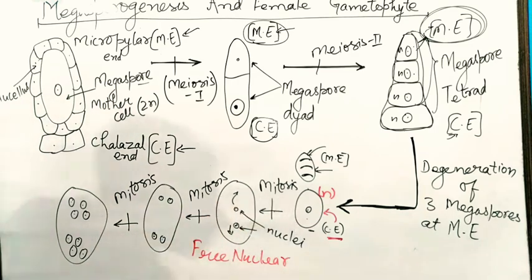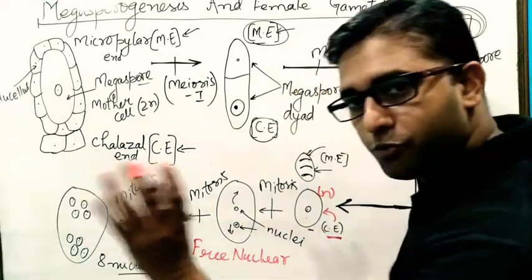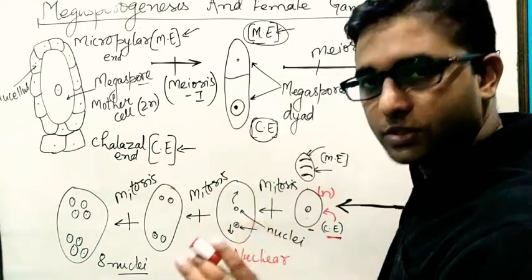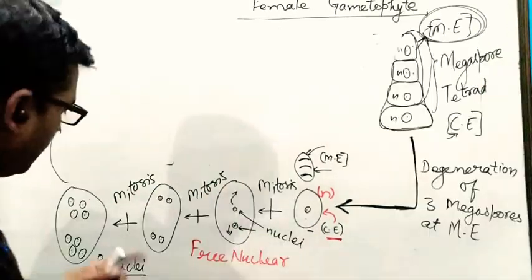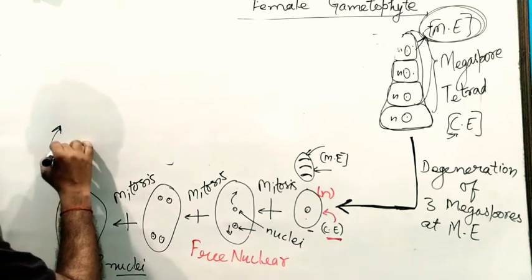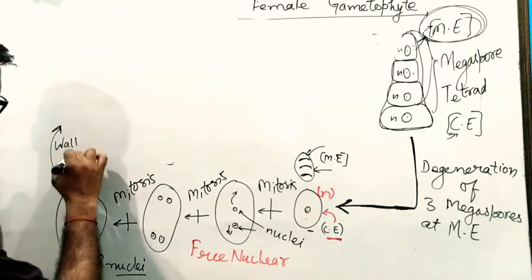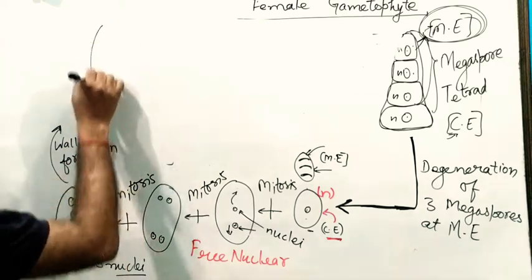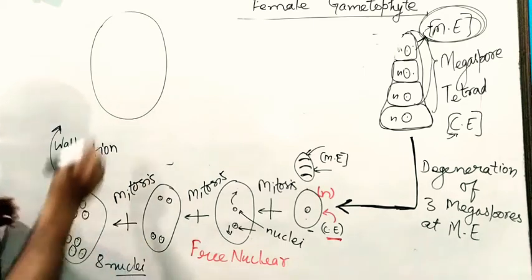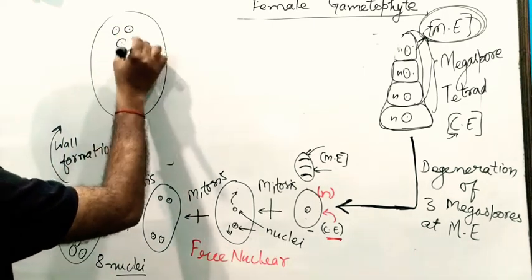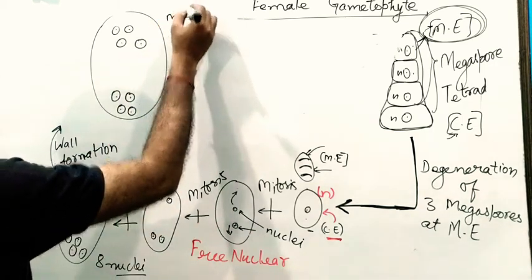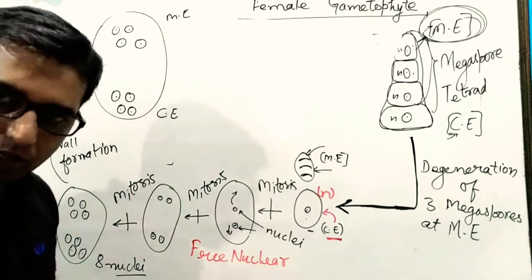After 3 successive mitoses, 8 nuclei are formed, 4 at the micropylar side and 4 at the chalazal end. Then wall formation takes place, but with slightly changed behavior. So you can see that 4 nuclei are present at the micropylar end and 4 at the chalazal end.